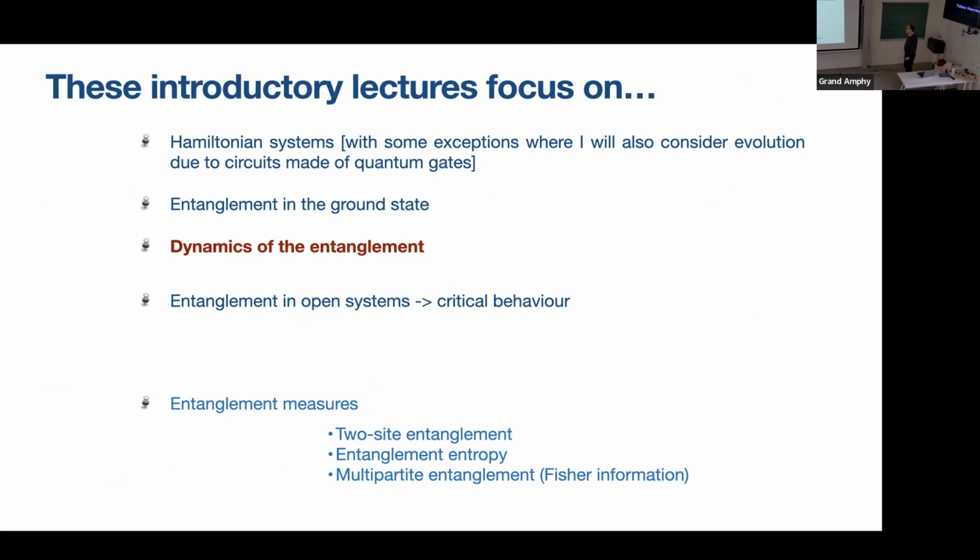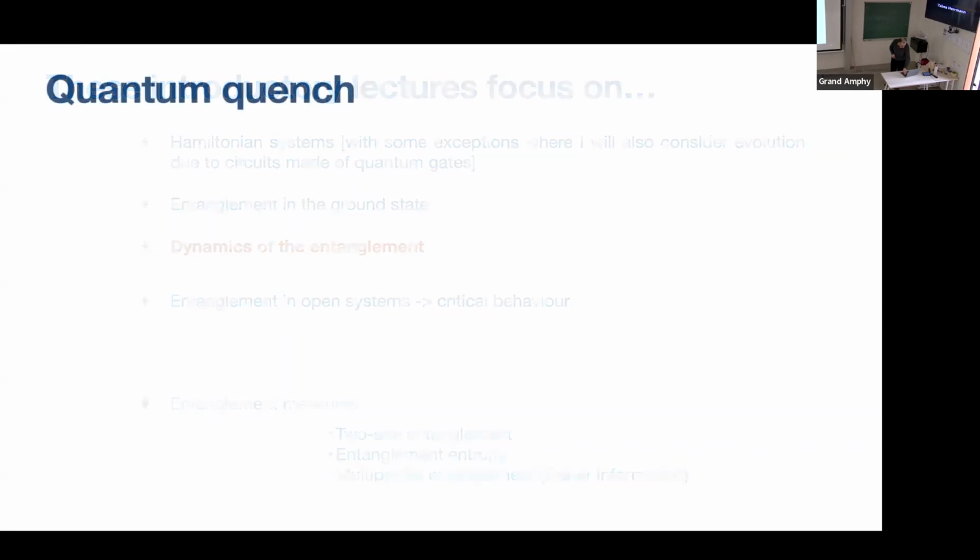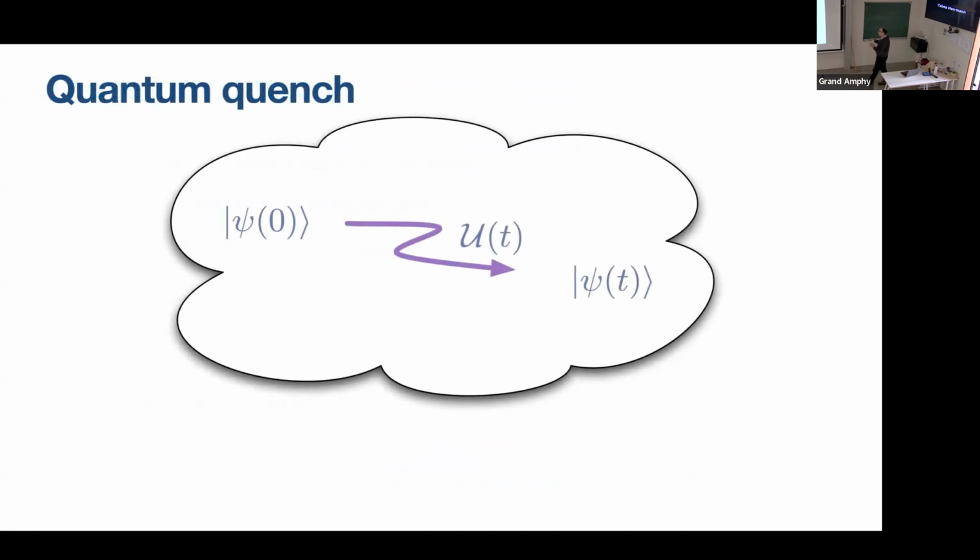That is, what happens to the dynamics, so what happens to entanglement under non-equilibrium conditions. The overall framework that I'm going to consider is a very simple yet very rich scenario, which is offered by what people call a quantum quench.